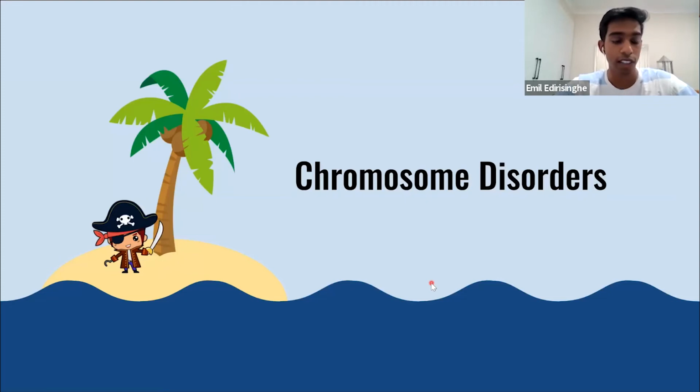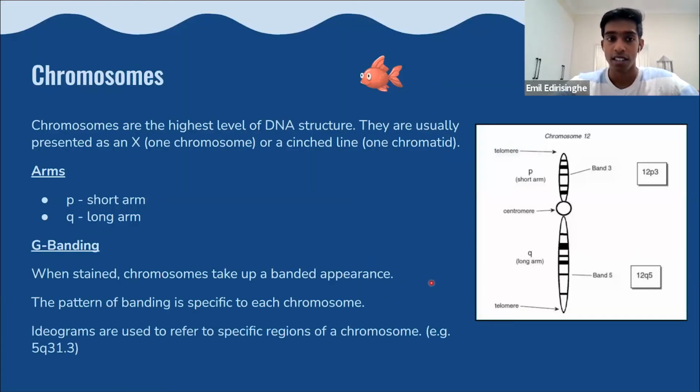Okay, now to finish off, last topic for today, we're going to talk about chromosome disorders. It is just a fairly short and simple topic, but it can be a little bit daunting to look at first. Where we start is with chromosomes. We learned that chromosomes are the highest level of DNA structure.